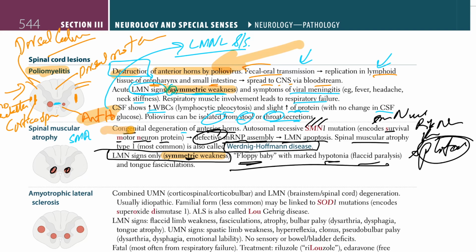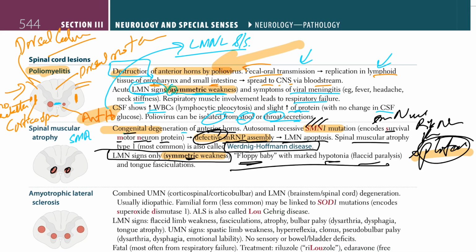Here is the congenital genetic problem, SMN1 gene mutation, that leads to defective splicing, SNRNP assembly, and causes lower motor neuron apoptosis. So congenital versus infectious. Pretty much that's all we have for these two.